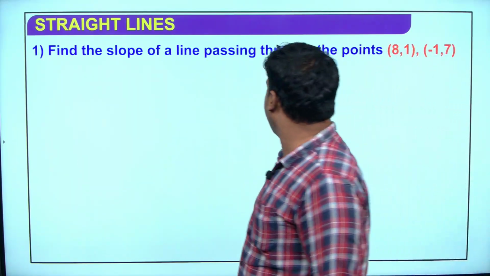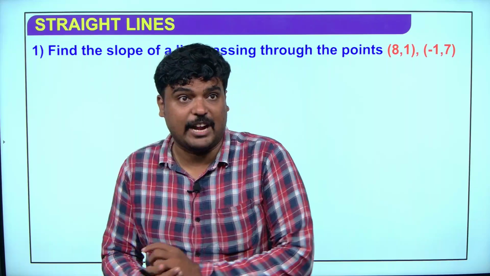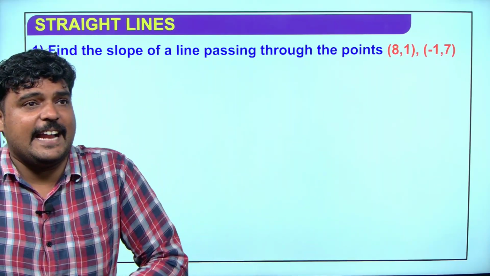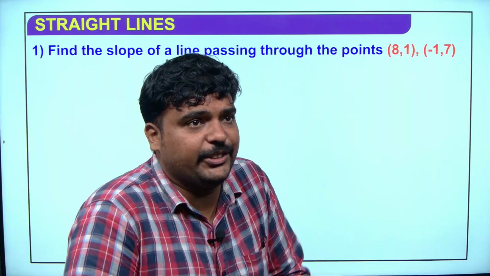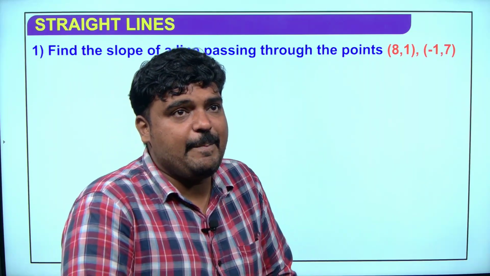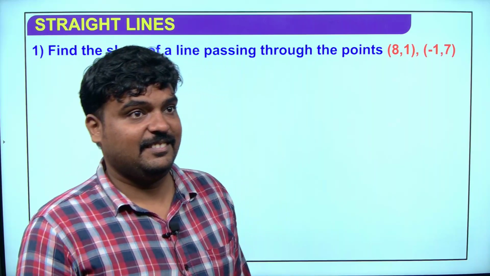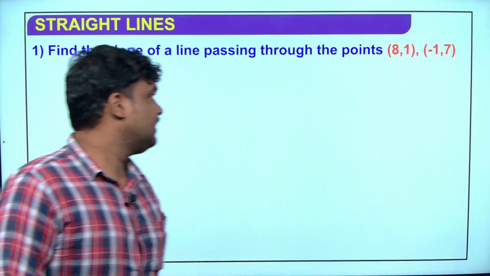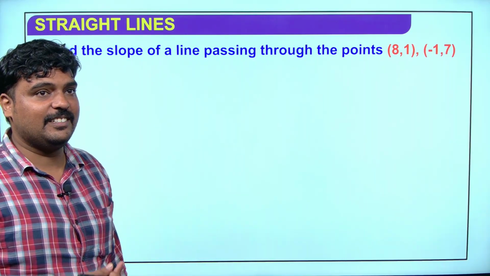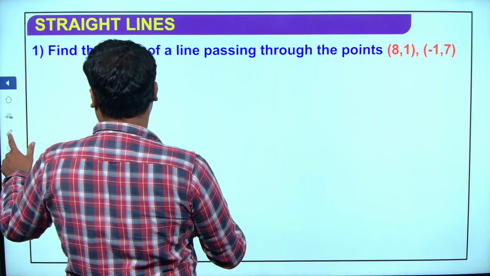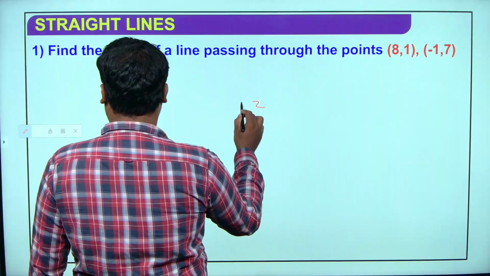Find the slope of the line passing through the points. I want an answer from Pratika, Vidyut, Nitish, the people who have not interacted with me in this class. Come on. Minus 2 by 3.